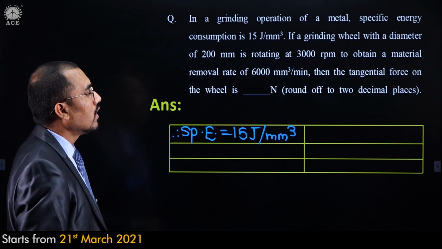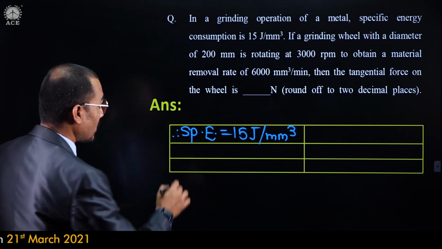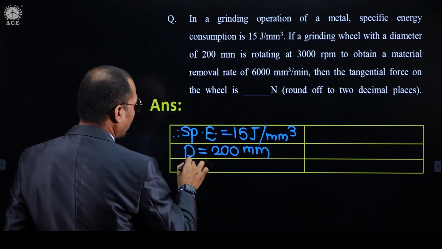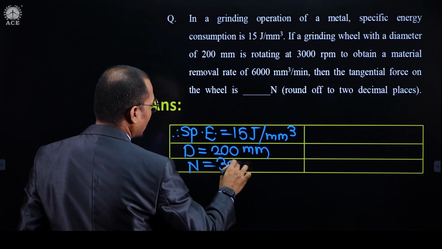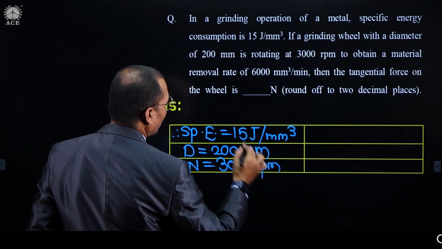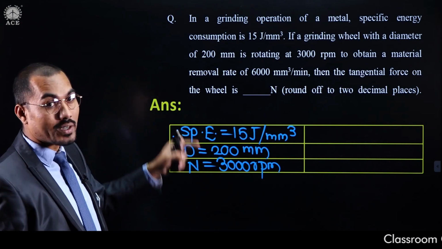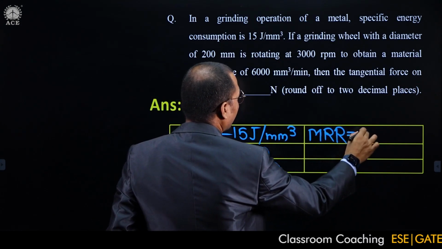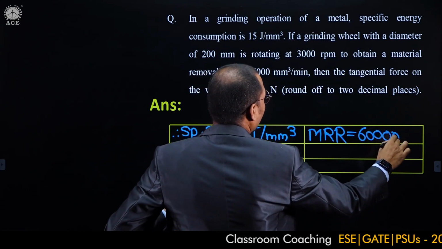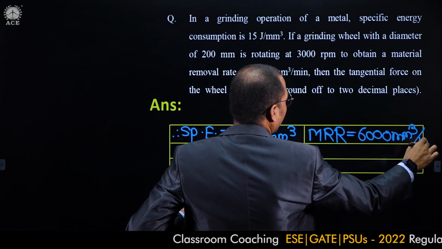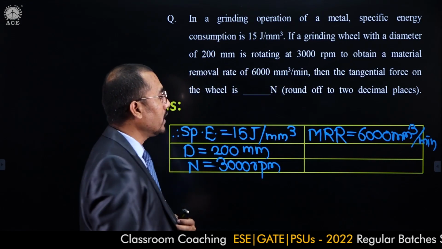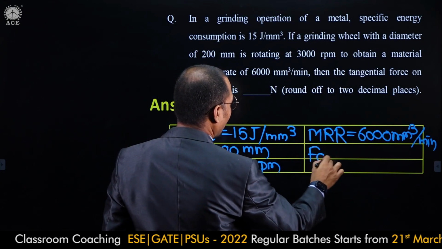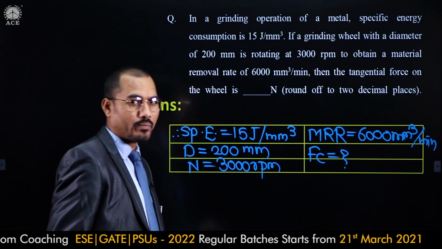The diameter of the grinding wheel is 200 mm, and it rotates at N equal to 3000 RPM, revolutions per minute. The MRR is 6000 millimeter cube per minute. Then the tangential force on the wheel, in Newton, is asked. The tangential force is the cutting force he is asking us to calculate.